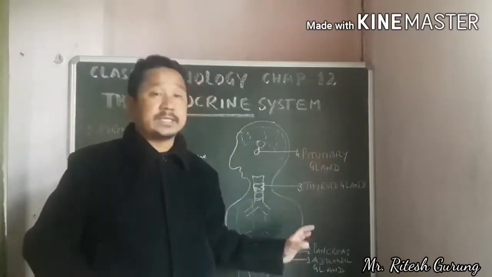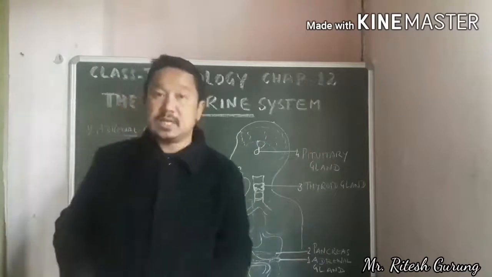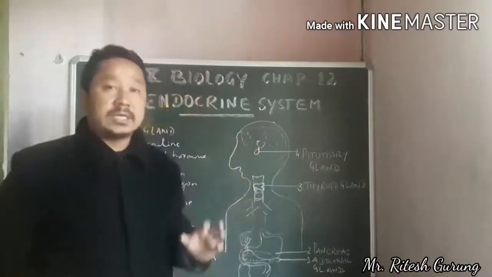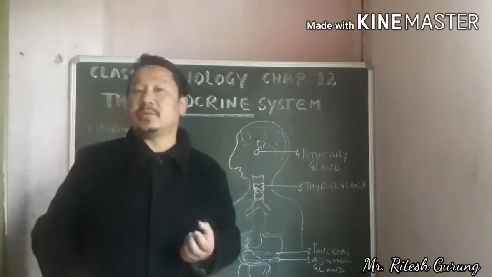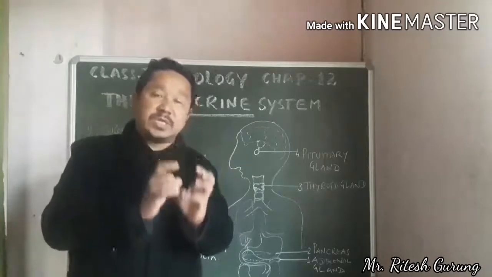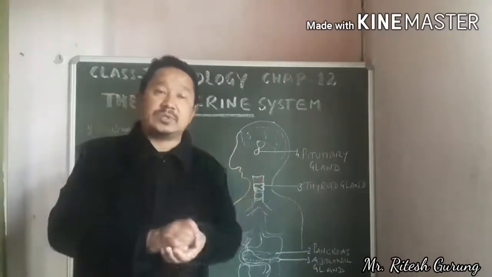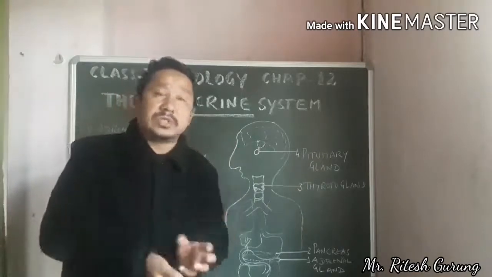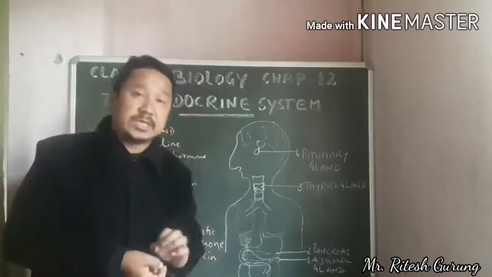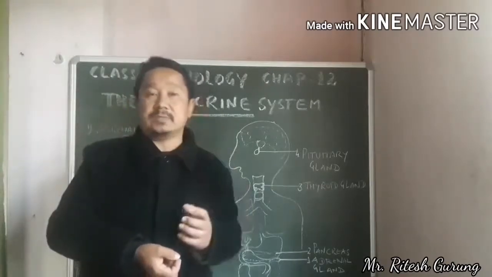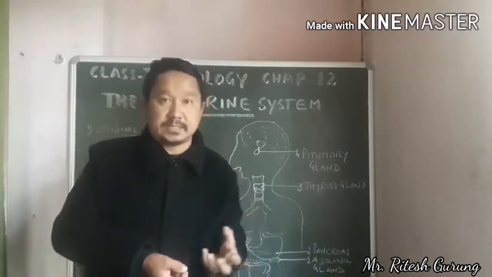So these 4 glands we have got in our syllabus, though there are some other glands responsible for producing different kinds of hormones. As I've told you, there are many glands which produce hormones, but mostly the hormones are produced from the endocrine glands, from the ductless glands.